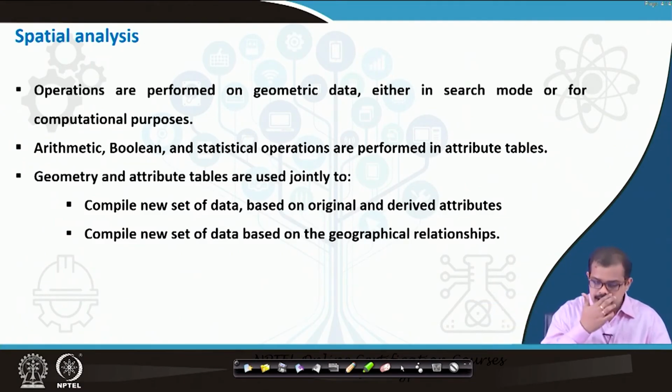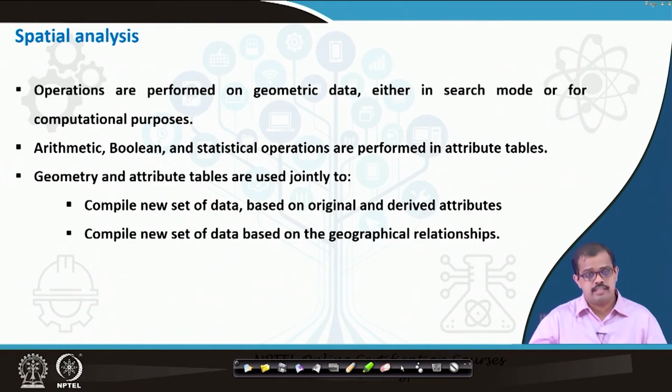In the practical class, we would show you how the operations can be done: how you compute area, how you compute length, how you compute different aspects. If you want to add, subtract, or do Boolean operations, you can do it with the spatial analytics. So geometry and attribute tables are used jointly.